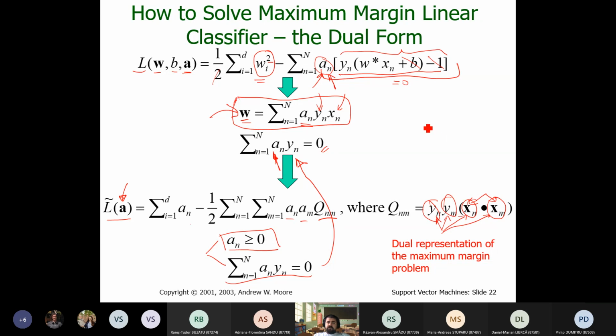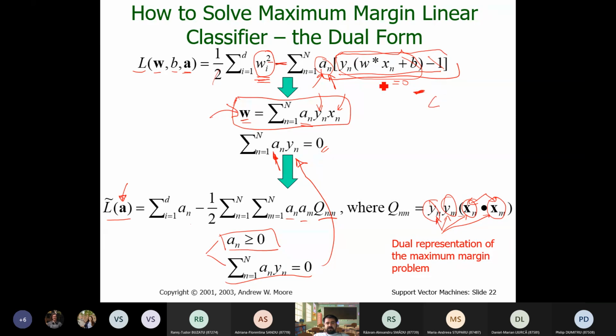Now, to show you why it's this minus, if you remember, if the points were correctly classified, then this product would have been greater than 0. And if you remember from the perceptron, the error was with minus, because if the point is not correctly classified, it means that this product yn multiplied by wxn plus b is negative, and therefore in order to add it to the weights, we also need a minus in front of it.